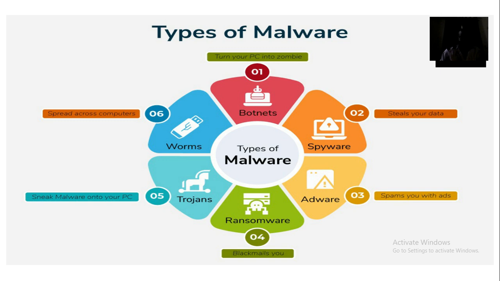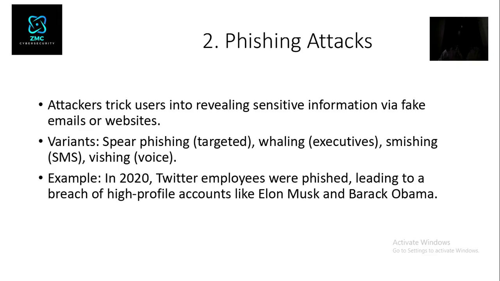So these are the types of malware, with a graphical explanation for you to see. Spyware steals your data. Worms spread the viruses across computers. Then botnets turn your PC into a zombie, where someone is controlling it from a different place entirely.